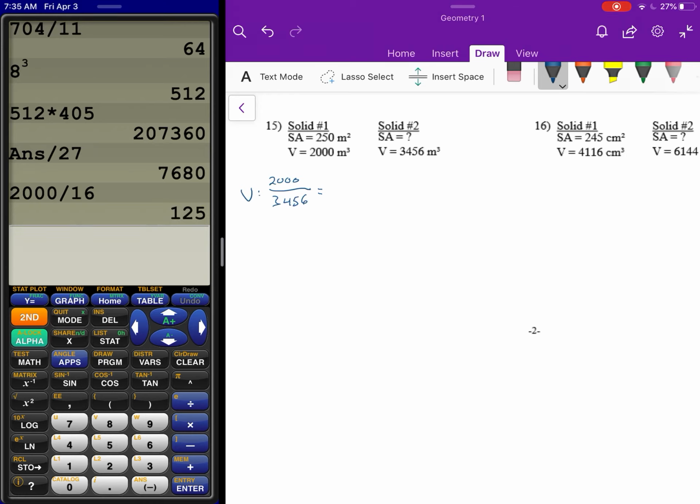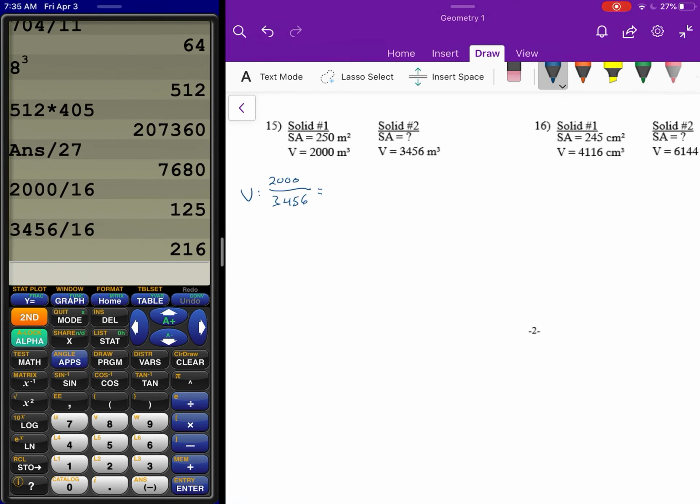All right, that's good. And let's check if 16 goes into 3,456. 3,456 divided by 16 is 216. Okay, so they reduced. Now you might not have guessed 16 first. You might have started with 2 or 4 and worked your way up, but you want to simplify that fraction as much as possible.